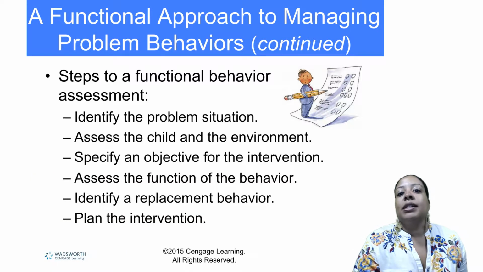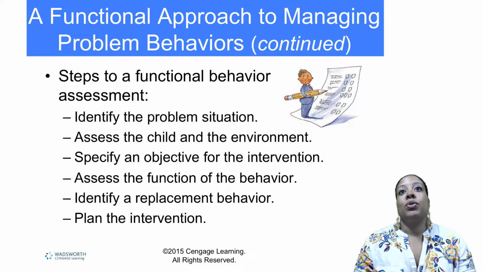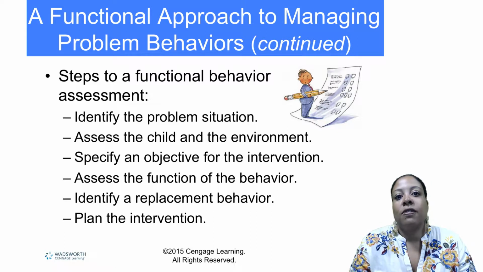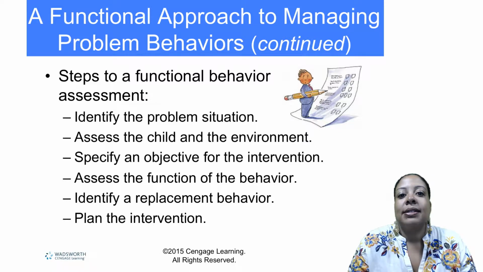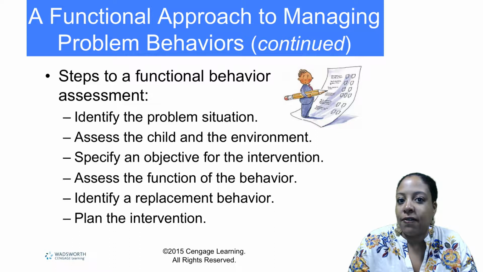So here is a little bit more detail about the steps to a functional behavior assessment. So first, you identify the problem situation. So what is the issue that is problematic in each scenario? Then assess the child and the environment. So what is going on with the child? What is going on with the environment?